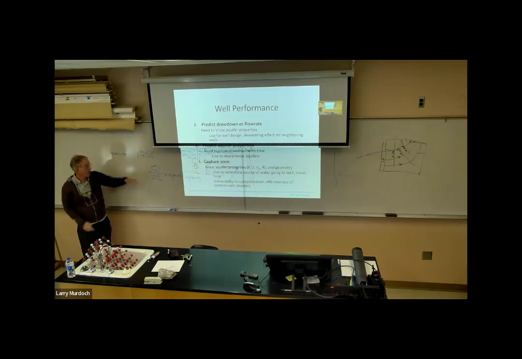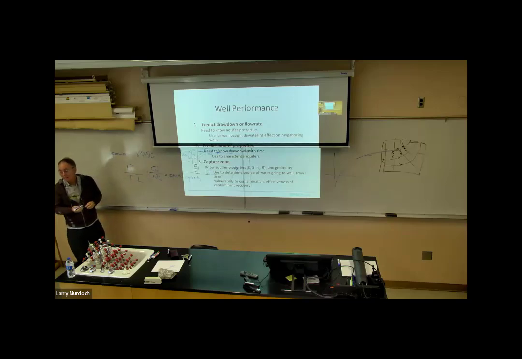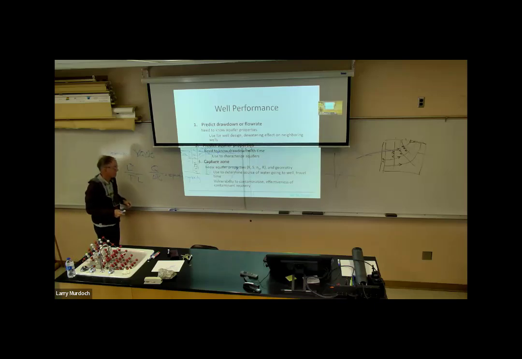So Q is a volumetric rate, volume per time, and that is per unit of drawdown. So it's going to have units of length squared per time, same as transmissivity.